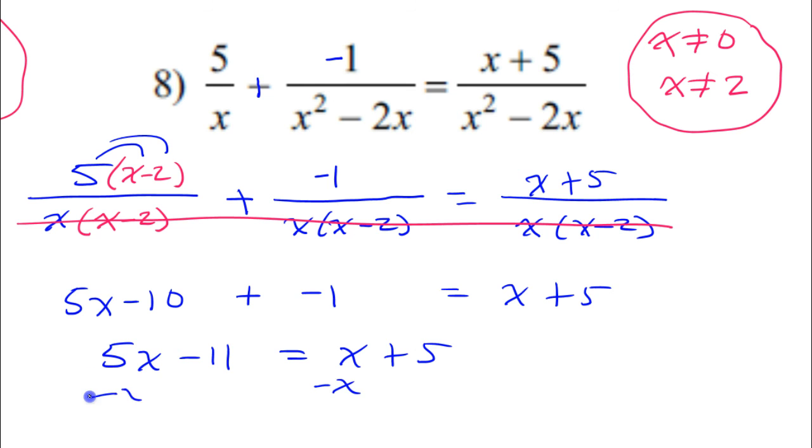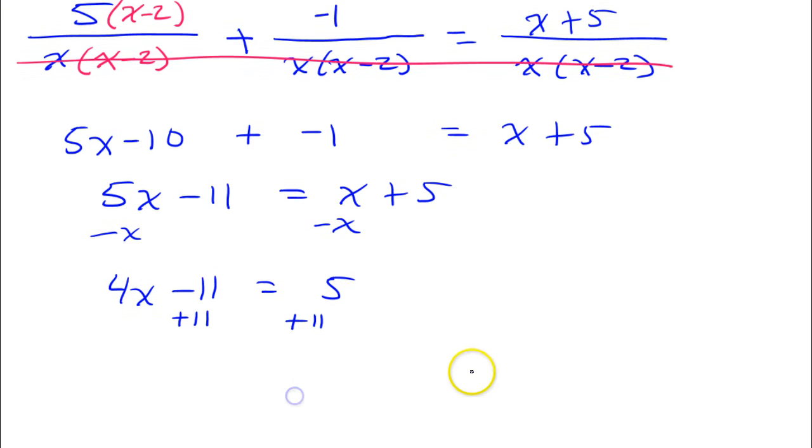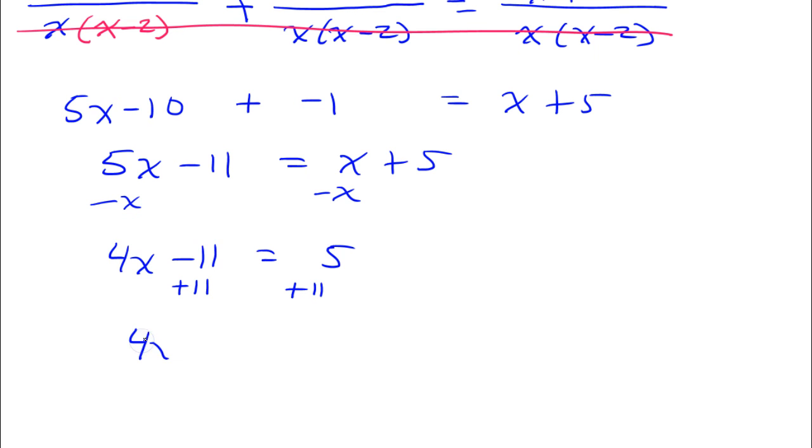I am going to subtract x from both sides, so that's 4x minus 11 is equal to 5. Now I will add 11 to both sides. So that is 4x is equal to 16. And then now I will divide both sides by 4. So x equals 4.